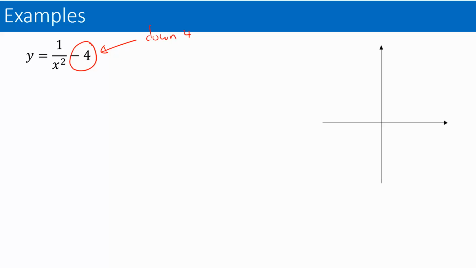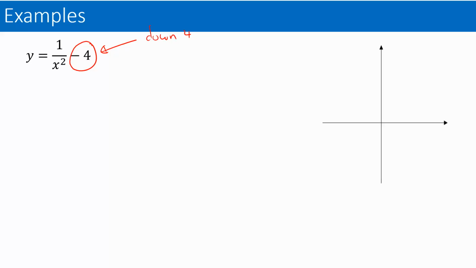Next one. What do I also have? I have another asymptote. Where's the other asymptote? Normally it moves left and right. What about this case here? It doesn't move left or right. And how do you know? Let x equal 0.